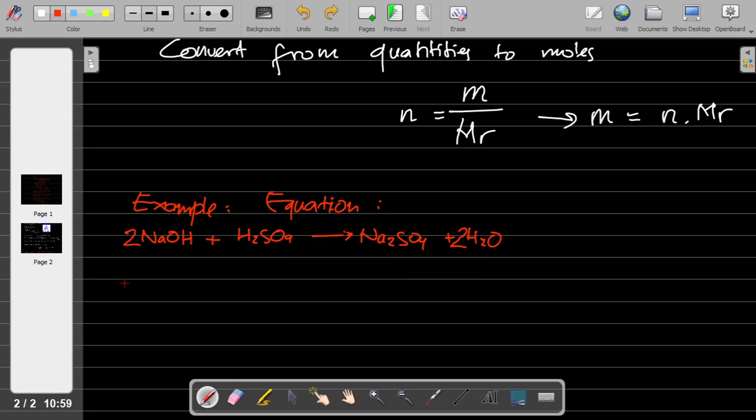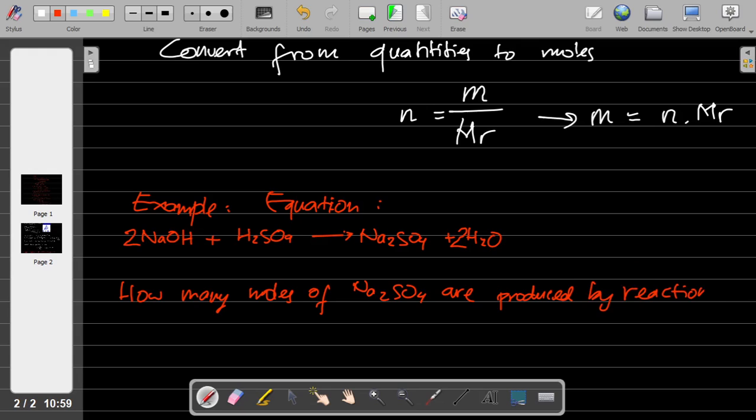Now the question is how many moles of Na2SO4 are produced by reaction of 124 gram of NaOH, or sodium hydroxide, with a sufficient amount of H2SO4.